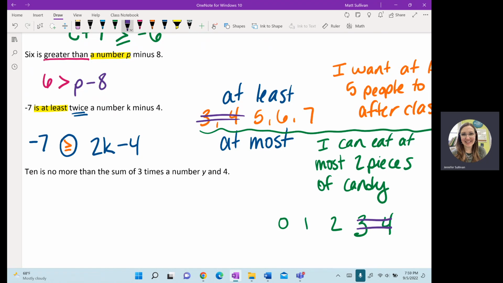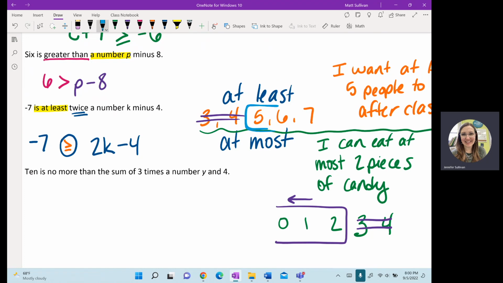And that is confusing because it's like it's opposite. I see most and I'm thinking greater, but it's not. We're saying 2 is the greatest that's going to work and everything else needs to be less than that. Again, when I come up here and I see the word least, it makes me think less than, but that's actually wrong because we're saying 5 is the least that I'm happy with.